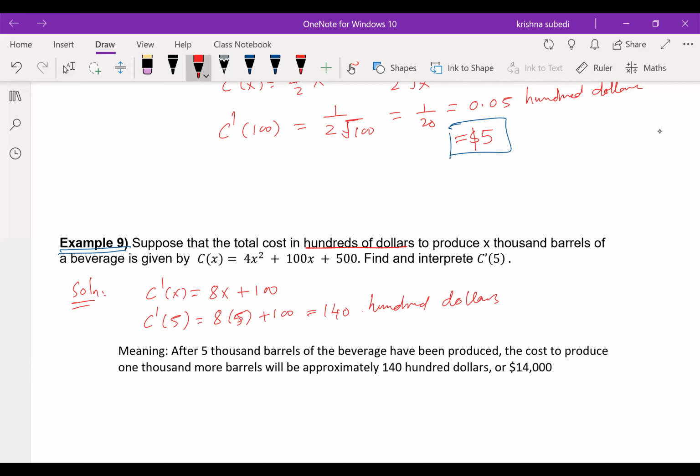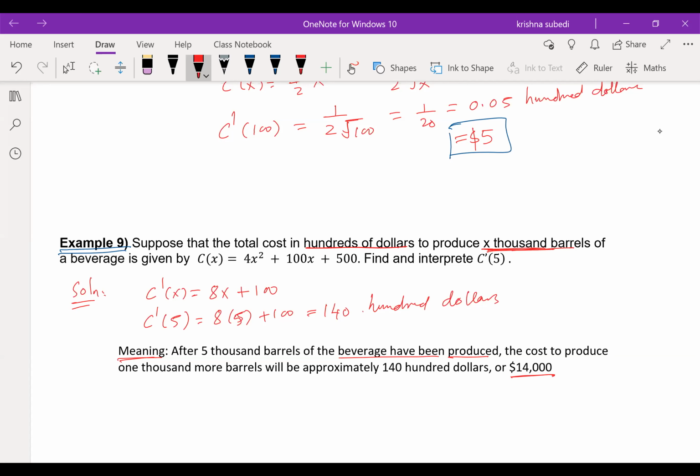So this means after 5,000, because the unit for x is 1,000, it means after 5,000 barrels of the beverage have been produced, the cost to produce 1,000 more barrels will be approximately $140 times 100, or $14,000.